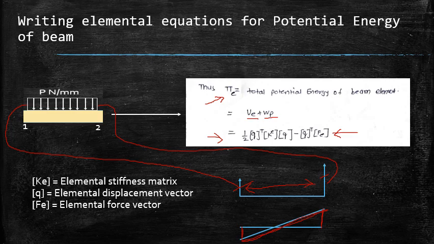Breaking this UDL into two nodal forces, one at local node number 2, another at local node number 1. Because of this breakdown, the bending moment shall vary linearly, and bending moment is given by d2v by dx square. So if my displacement model is cubic, d2v by dx square will be linear. This is again one of the justifications why we have chosen a cubic displacement model.